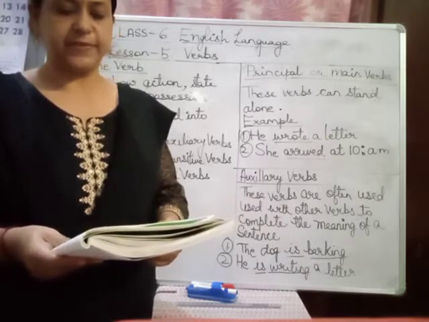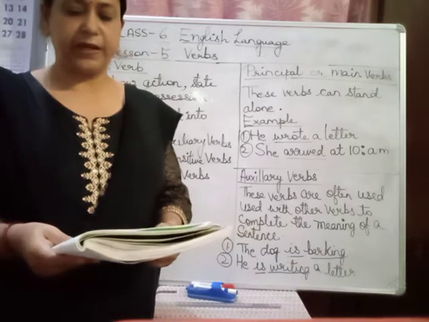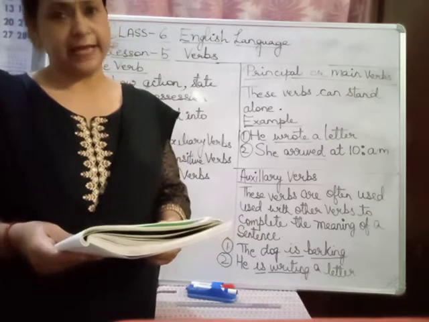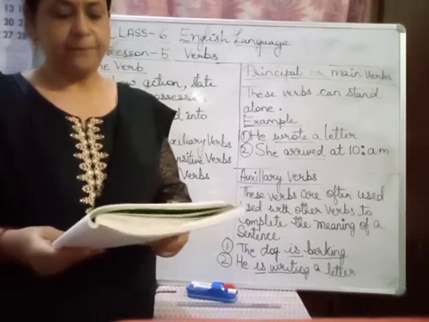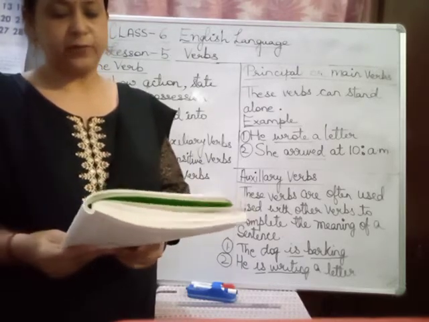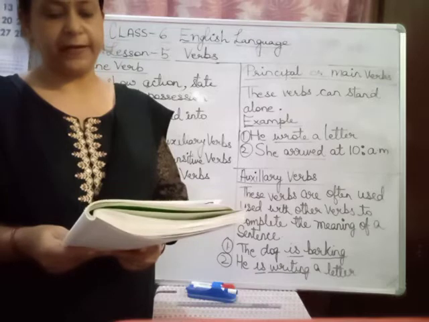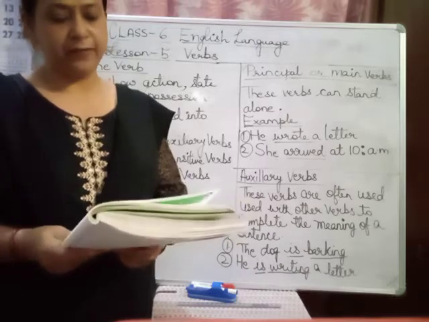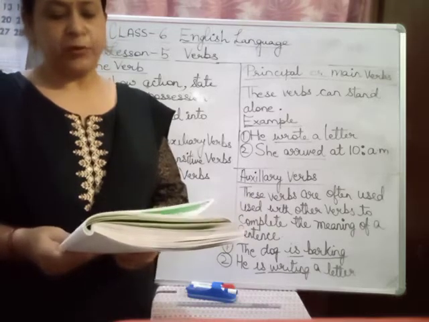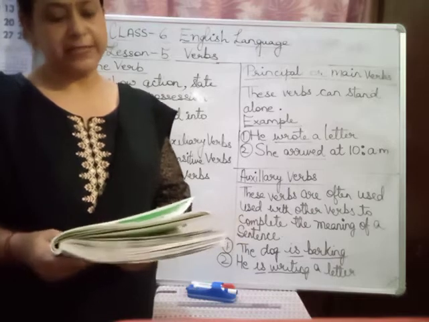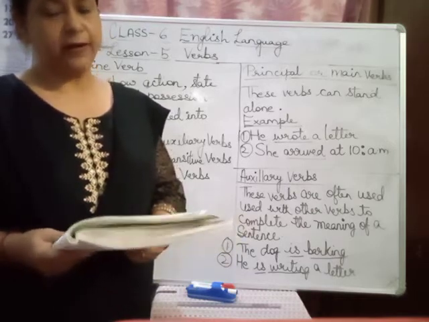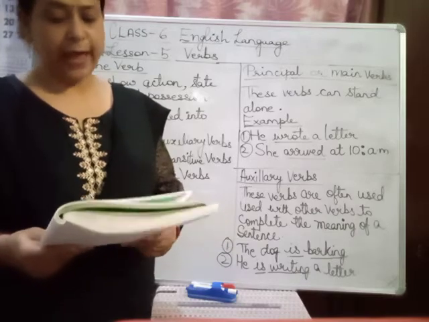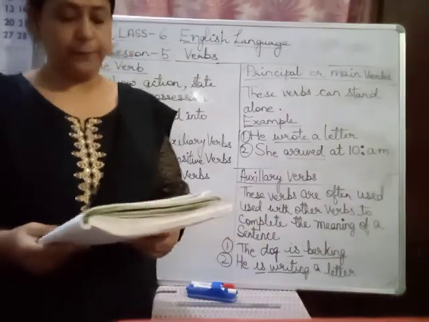However, they sometimes stand alone and give meaning to the sentence as the main verb does. In these sentences, the highlighted verbs do not express a complete meaning. They help the main verb, the underlined verb, to complete the meaning of the sentence.